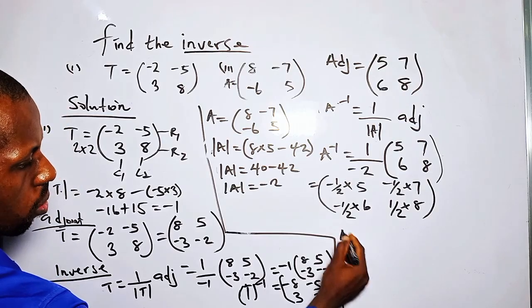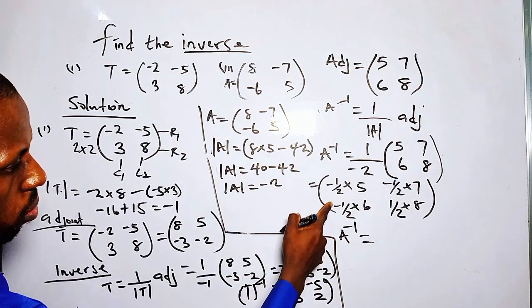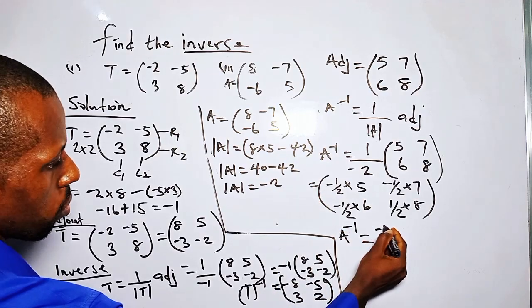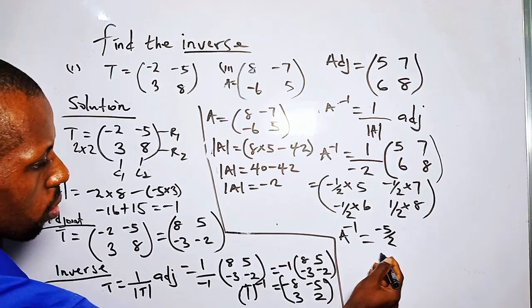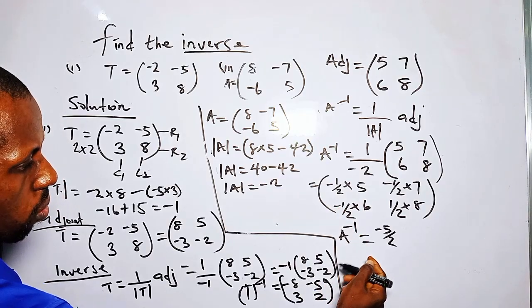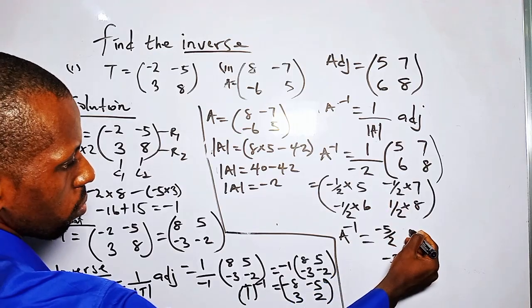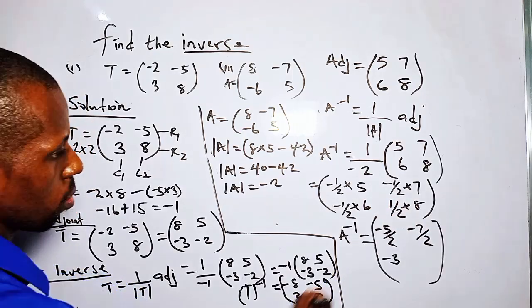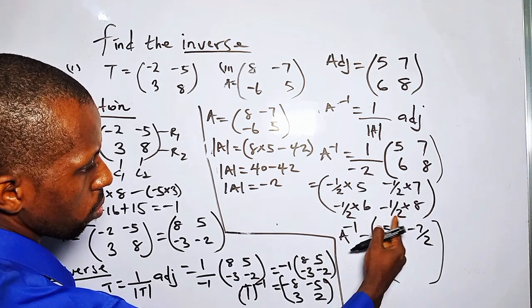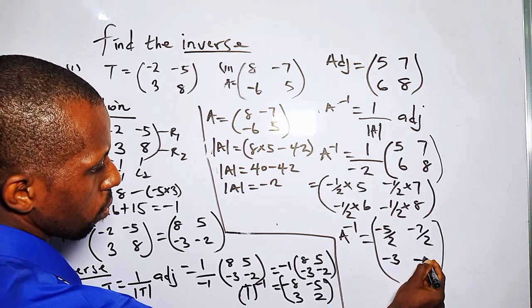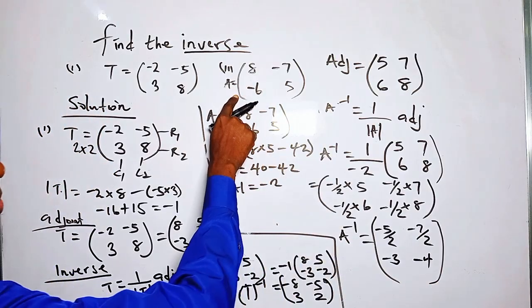So our final answer, A inverse: when we open up, we have minus 5 over 2, minus 7 over 2, minus 1 over 2 times 6 simplifies to minus 3, and minus 1 over 2 times 8 simplifies to minus 4. So this represents the inverse of matrix A.